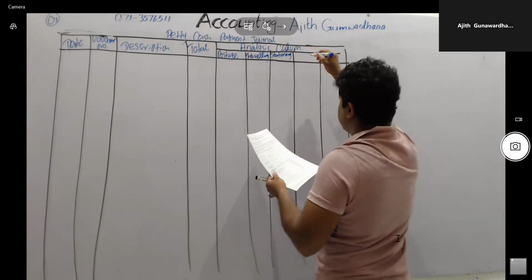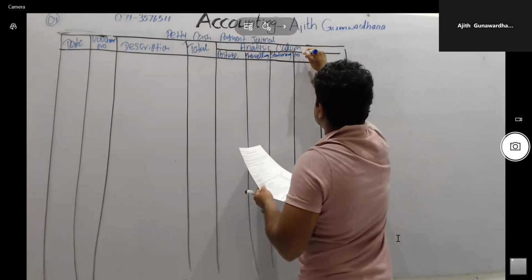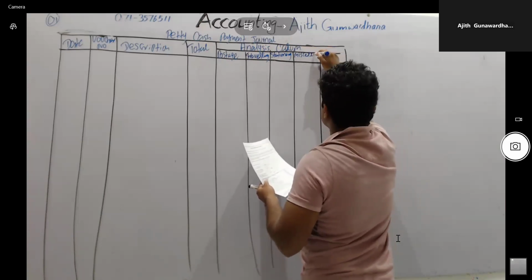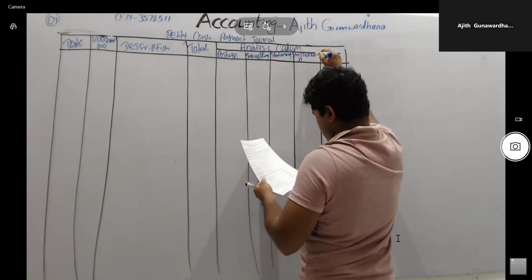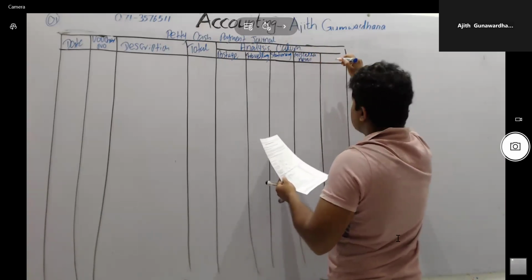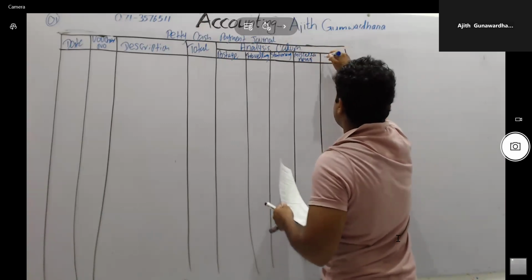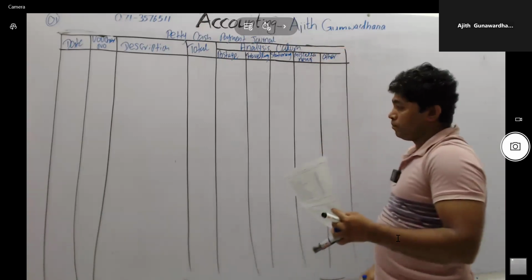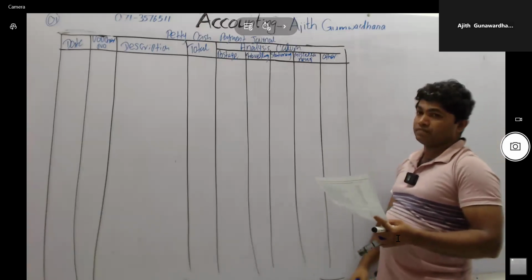Next one, miscellaneous. As well as other. Think, in the other column, payment for creditors will be recorded if it is given.